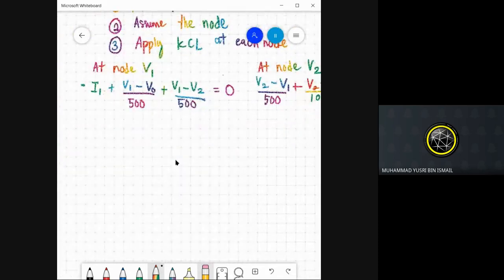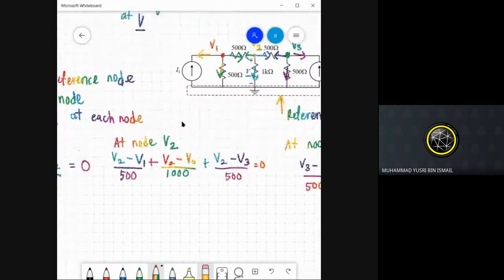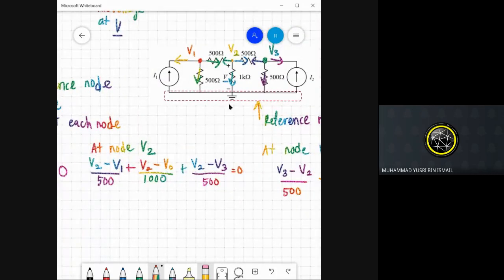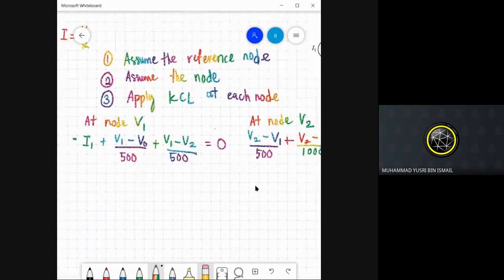Now we go back to V1. Here I will arrange. Okay, since V node or V reference is to the ground, so basically V node is equal to 0.